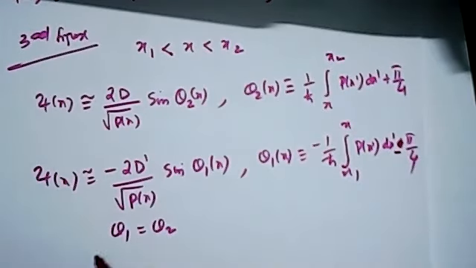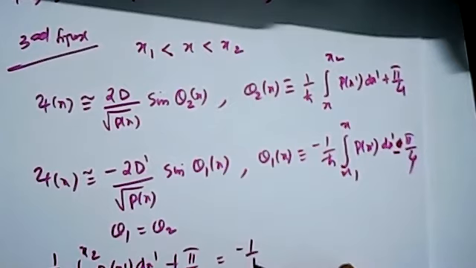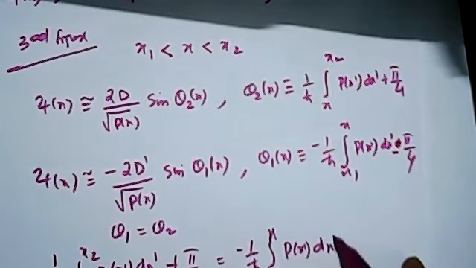1 by h cross integral x to x2 p of x dash dx dash plus pi by 4 equal to minus 1 by h cross integral x1 to x p of x dash dx dash minus pi by 4.